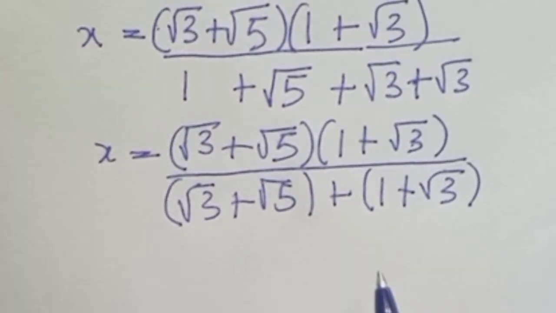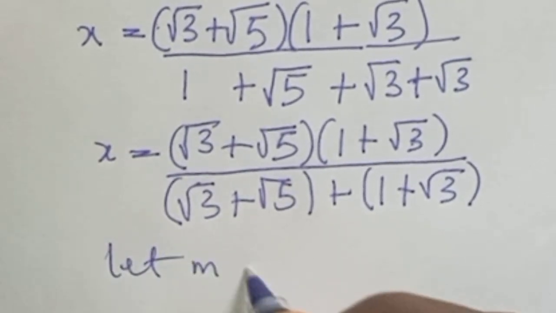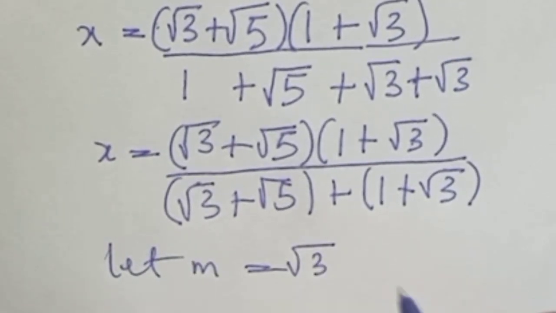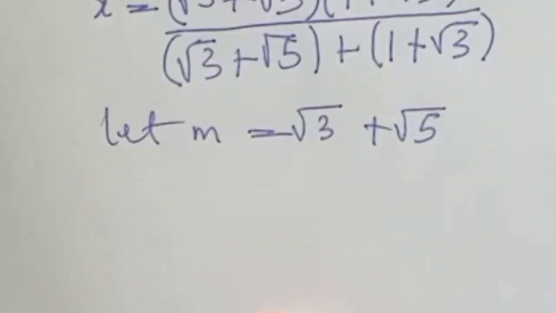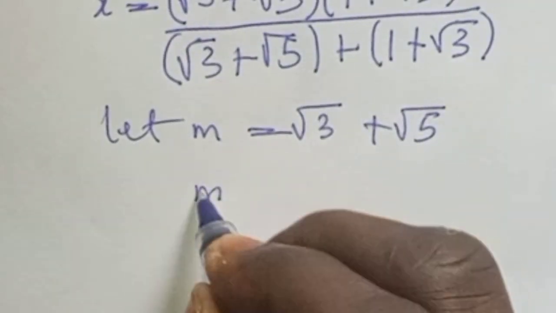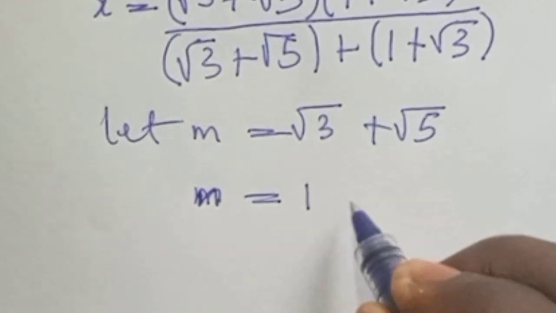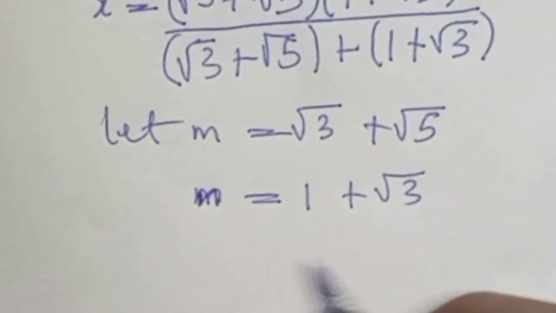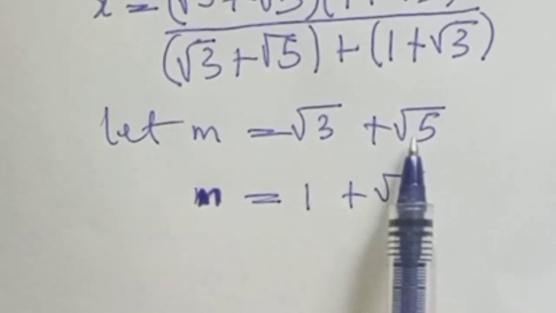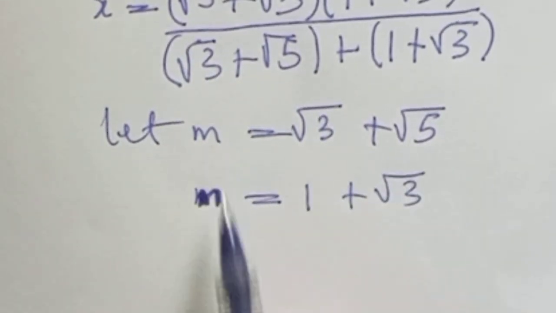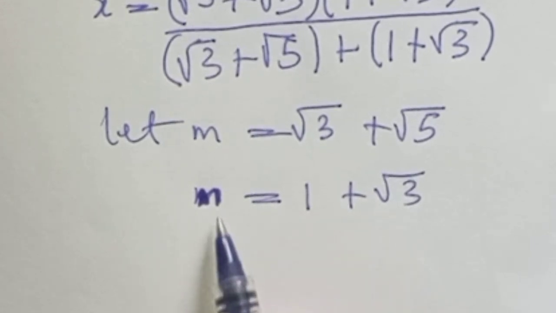So in the next line, we are going to say let m be equal to square root of 3 plus square root of 5, and n be equal to 1 plus square root of 3. So we're representing square root of 3 plus square root of 5 by m, and 1 plus square root of 3 will be represented by n.